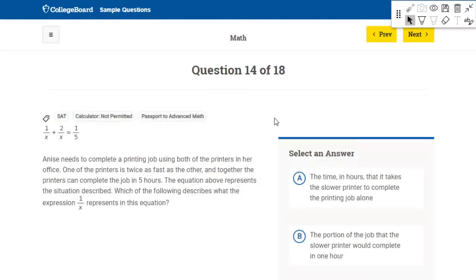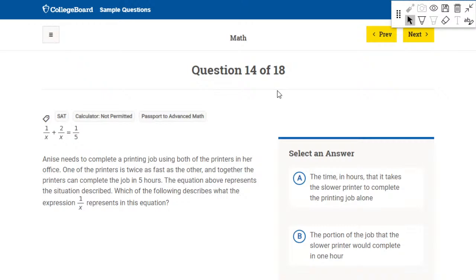We have a wordy question. We have this equation above, and Anis needs to complete a printing job using both of the printers in her office. One of the printers is twice as fast as the other, and together the printers can complete the job in 5 hours.